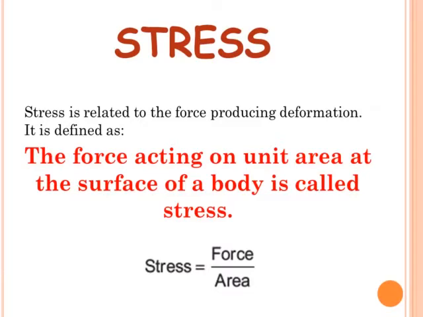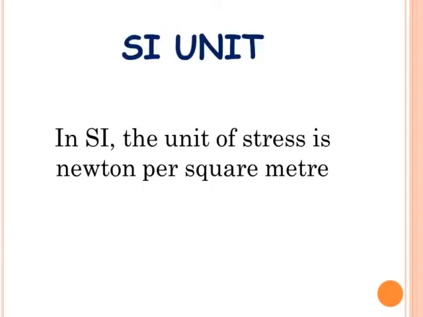The formula of stress is equal to force per unit area. The SI unit of stress is Newton per square meter, as the unit of force is Newton and the unit of area is square meter. So the unit of stress is Newton per square meter.